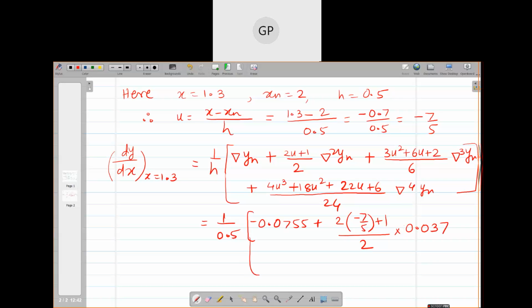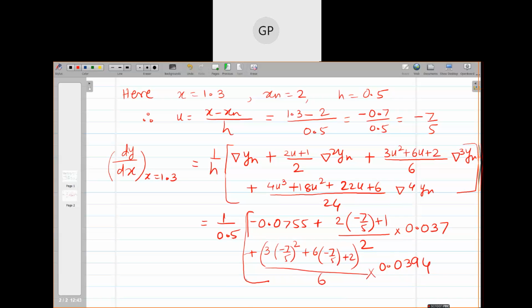Correct? Yes. Plus, sorry, this whole thing we have multiplied, so that will become 3 into bracket minus 7 by 5 square plus 6 into bracket minus 7 by 5 plus 2, this whole thing in the bracket, divided by 6 into 0.0394. Right?